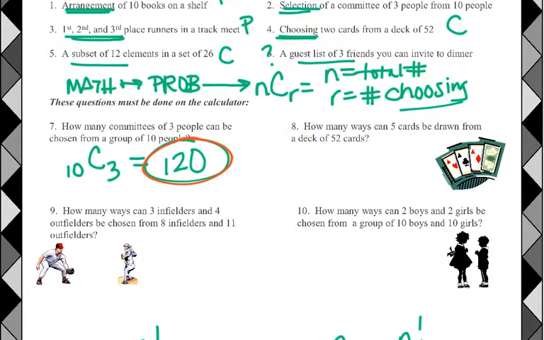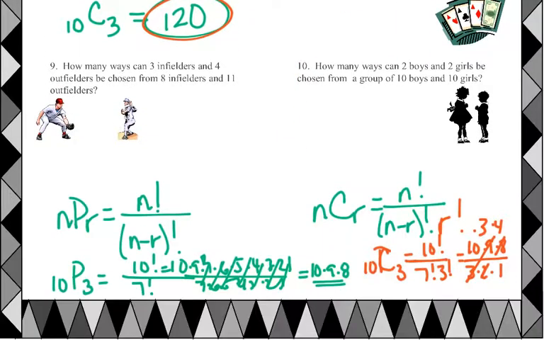So if you have the same numbers, there's always going to be more permutations, right? Like 10P3 was 10 times 9 times 8, 720. 10C3 is only 120. There's always more permutations than combinations.